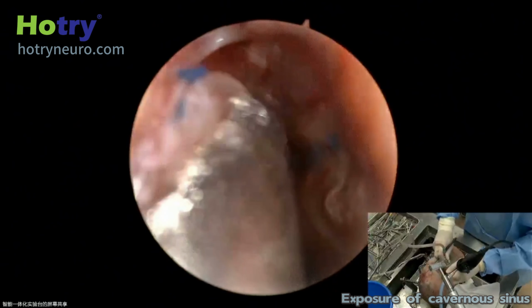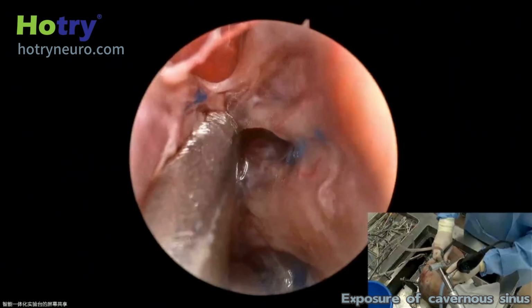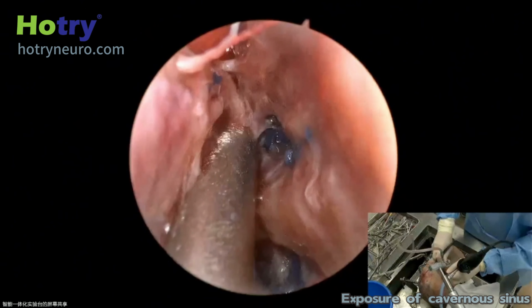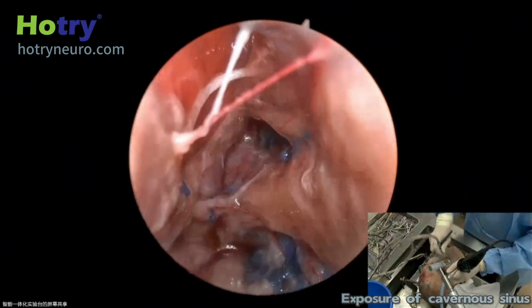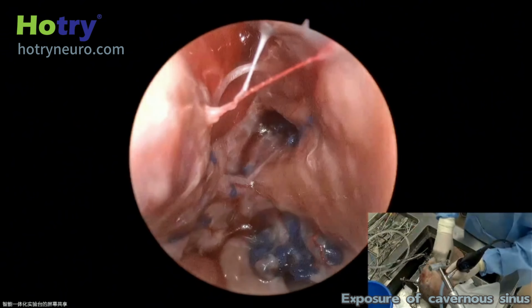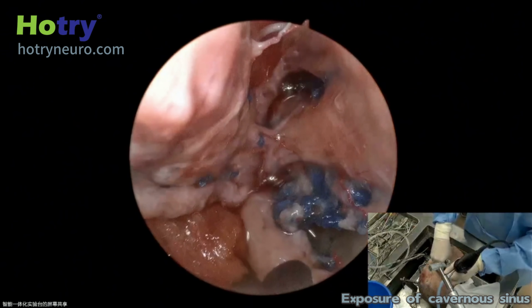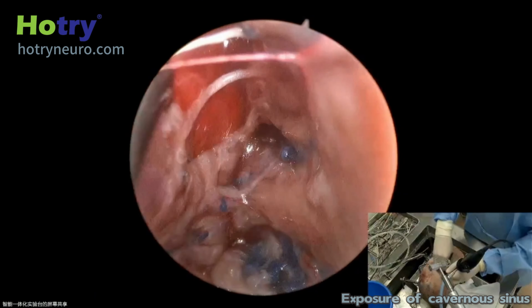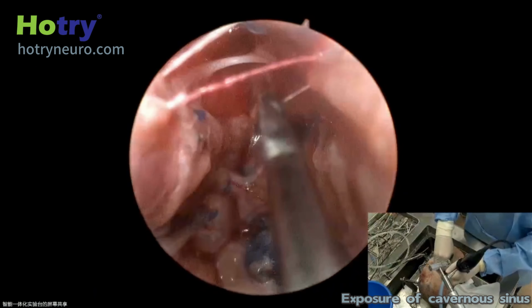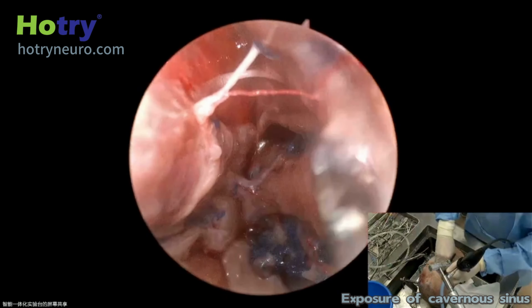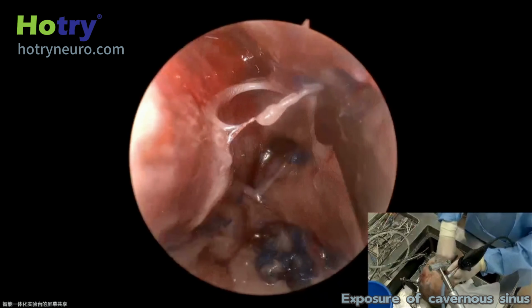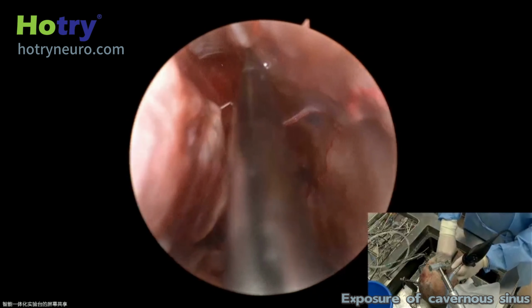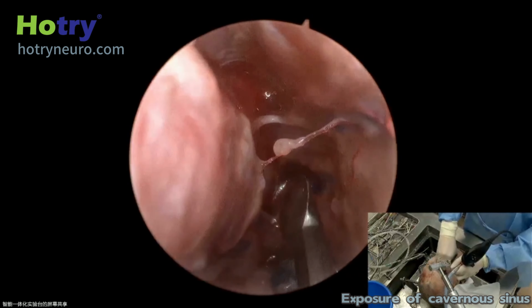And here is the trochlear nerve, the fourth nerve. Again, V2, V1. This is the trochlea. And here would be the third nerve. And up would be the anterior clinoid.